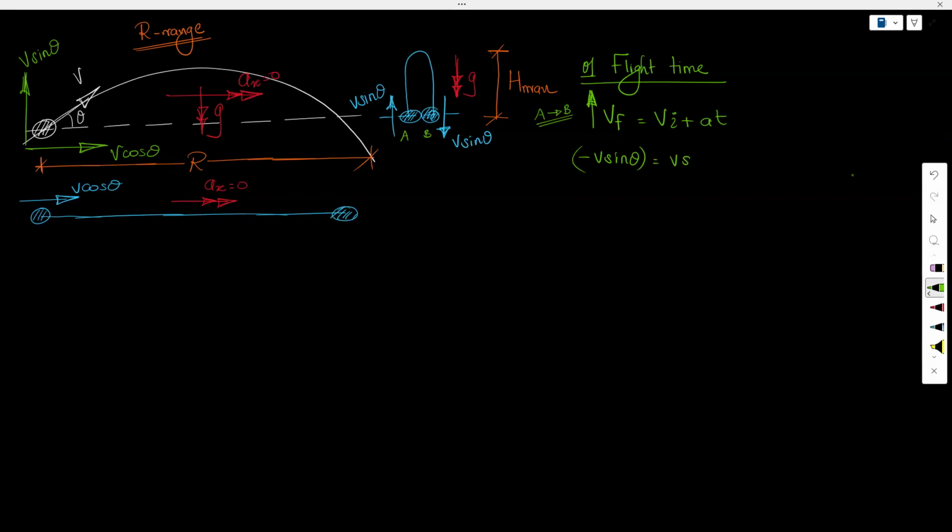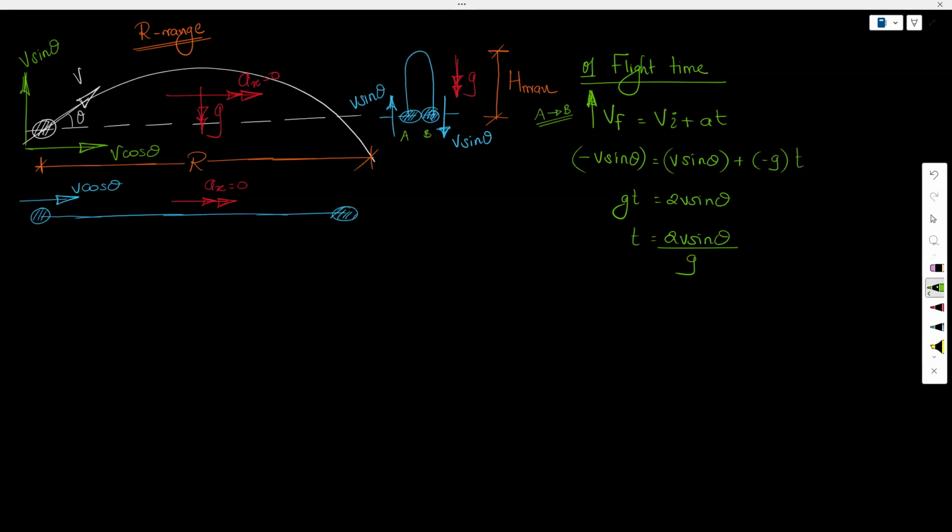Initial velocity is v sine theta, up and positive, plus a, which is pointing down, so minus g, t. If I rearrange this equation, I would get 2v sine theta equals g t. So from here, I can find the time of flight as 2v sine theta divided by g. This is the time of flight from start to the very end.